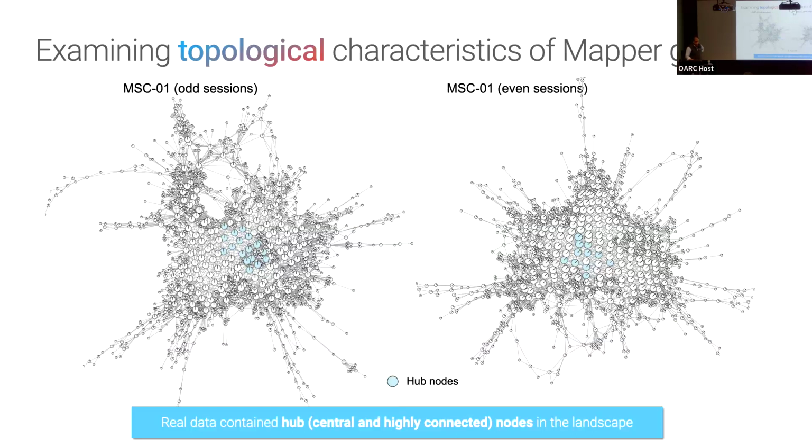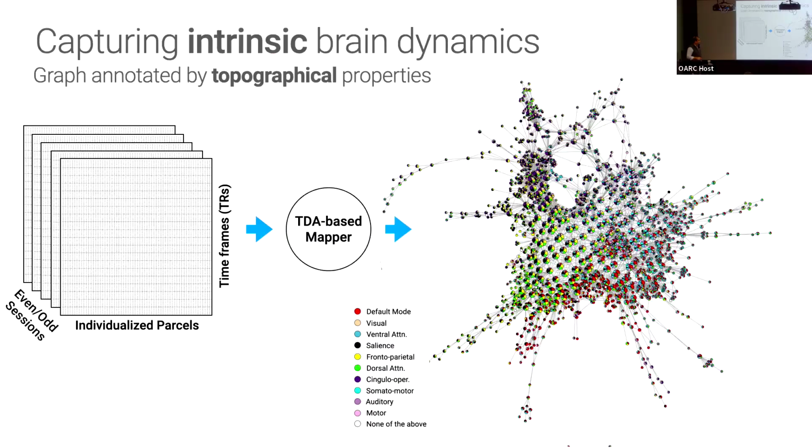The other way of coloring the graph is based on our individualized network definition. So I can just say, color each node based on each of these resting state networks. And again, we use pie charts. So if you have 100 TRs, how many of those TRs, where we z-score the resting state activity itself, go 1 standard deviation above activation in default mode network, and 1 standard deviation above in frontoparietal network and so on.